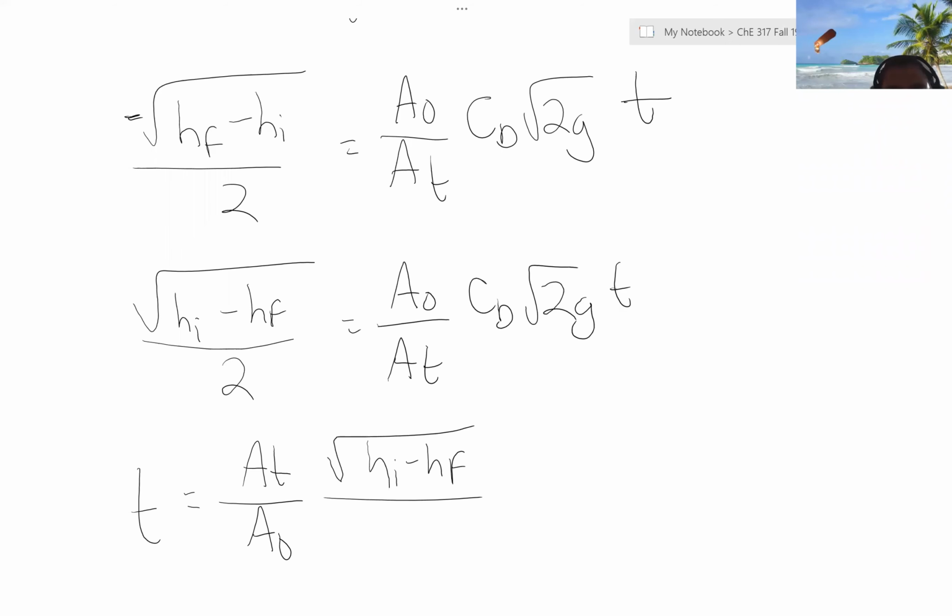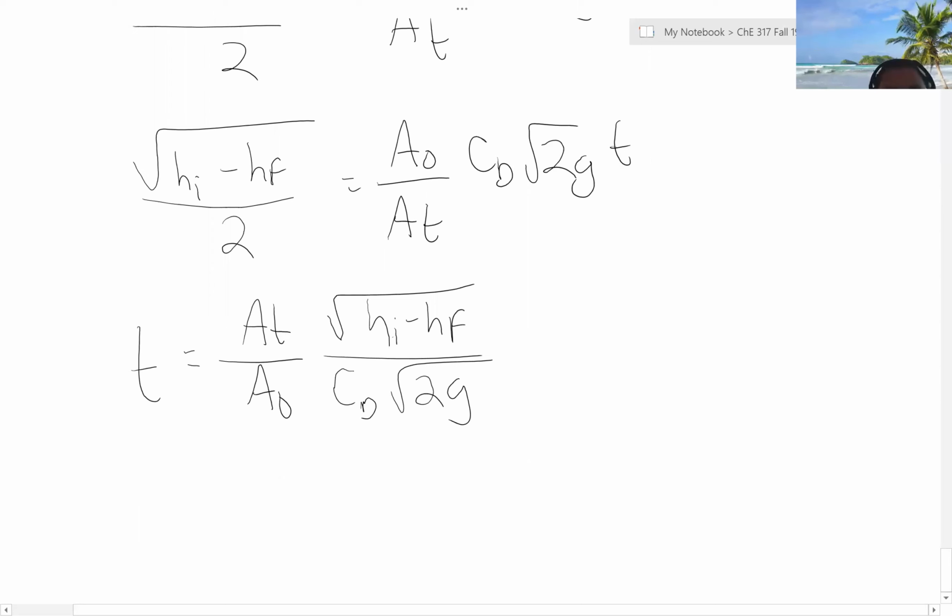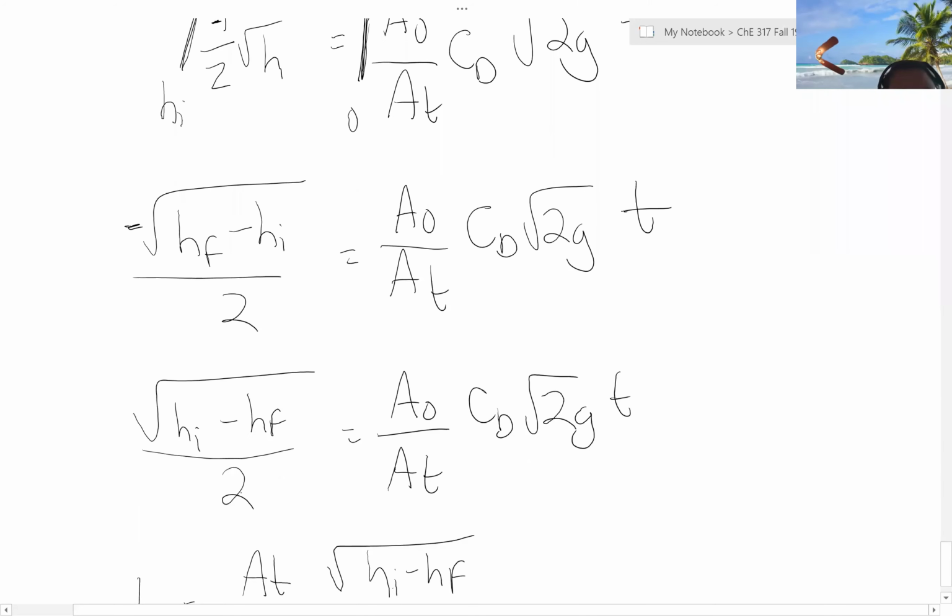My discharge coefficient ends up on the bottom. I end up with a square root of 2g on the bottom as well. Times, yeah, that should be about it. One thing I'm not certain about is this 2. This 2 doesn't seem to be in the right place.